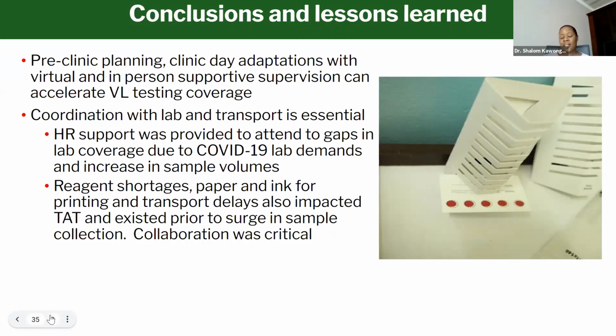We have noted other things as well, like shortages with reagents, sometimes shortages of paper to print results, sometimes ink, also transport delays. All of these, we've learned that they impact the turnaround time. And as Baylor, we have learned to collaborate a lot more with all of the transport partners, the lab partners, and also monitor closely how all of our samples are moving from facility to the testing lab and results getting back to the sites. Next slide.